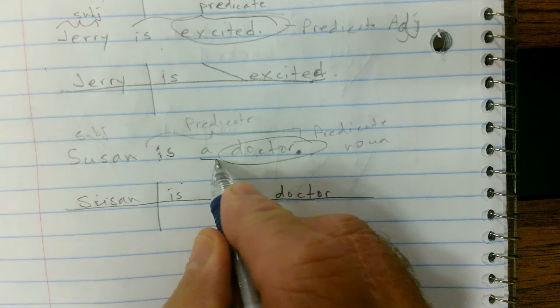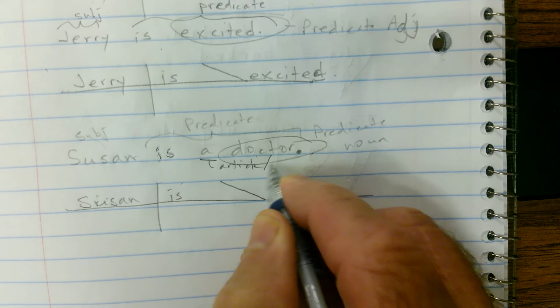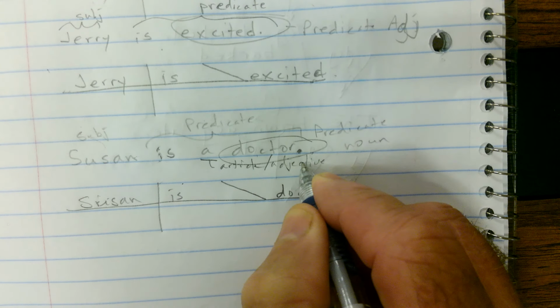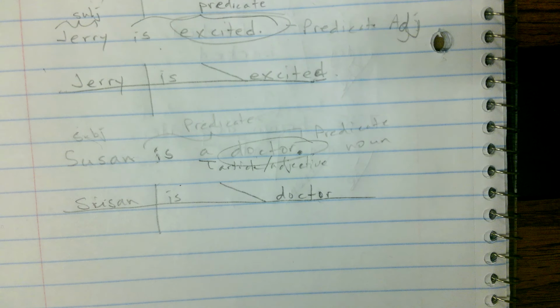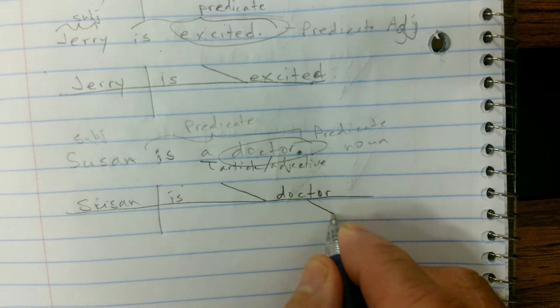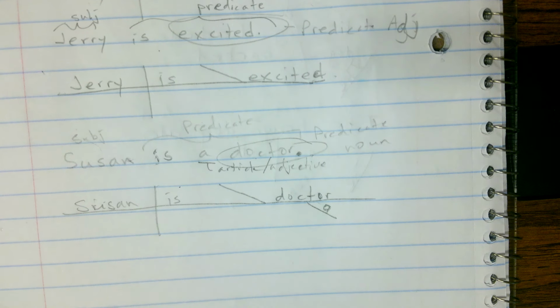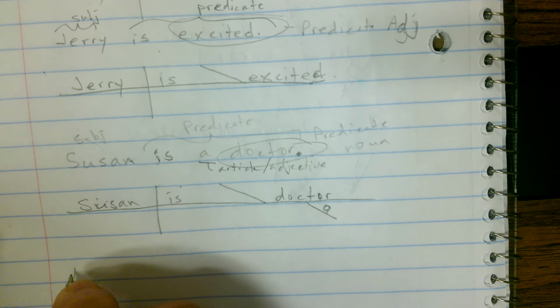Well, here we have an article, which is also an adjective. So we have to take a look at what the adjective modifies, and it tells us what she is. Susan is a doctor. So pretty simple there. Let's go ahead.